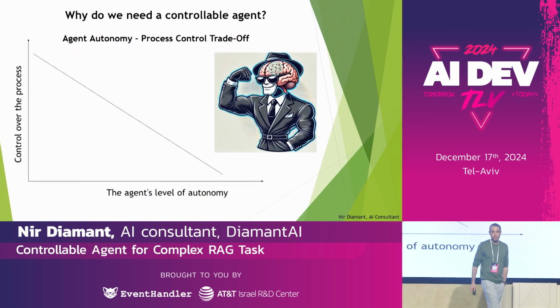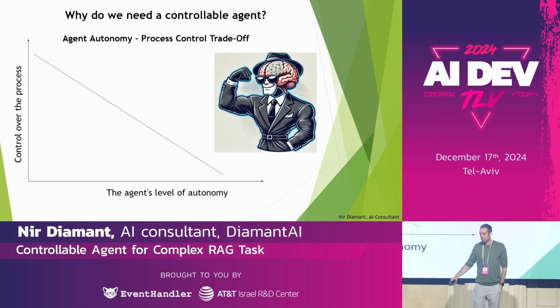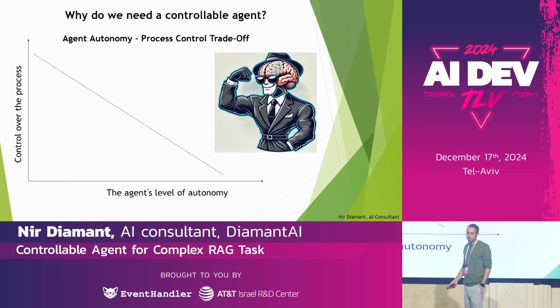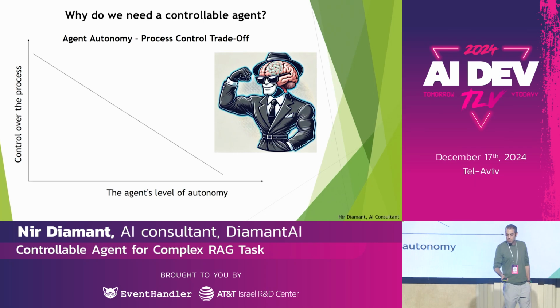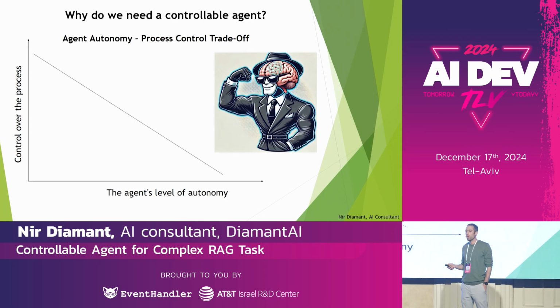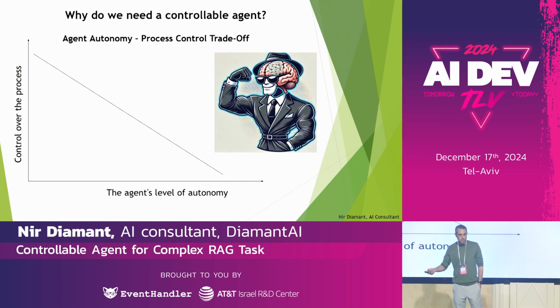This graph here, which I made, gives you the intuition of the trade-off we have to pay between the level of autonomy the agent has and the amount of control we have. The more autonomy the agent has, the less control we have over it.